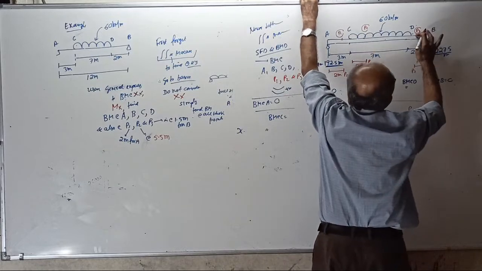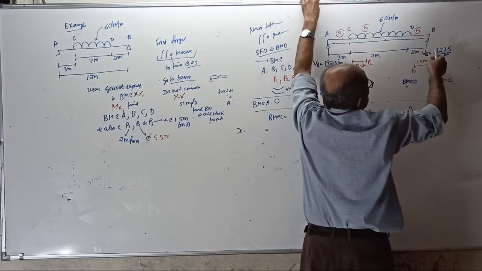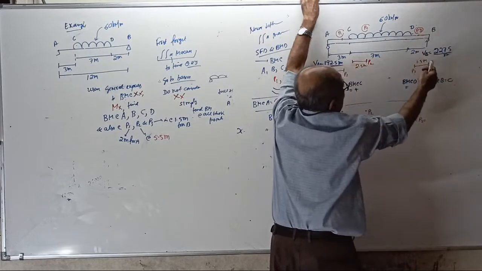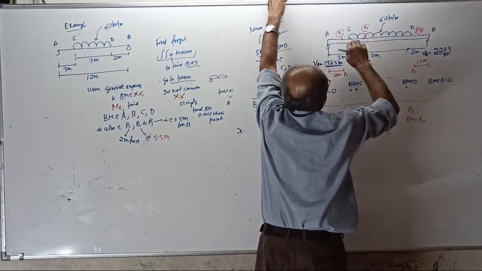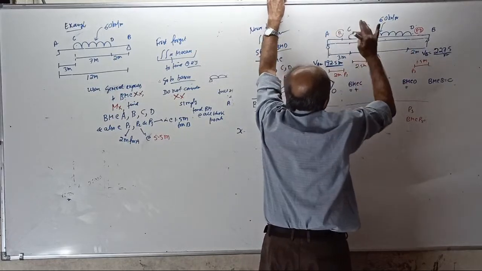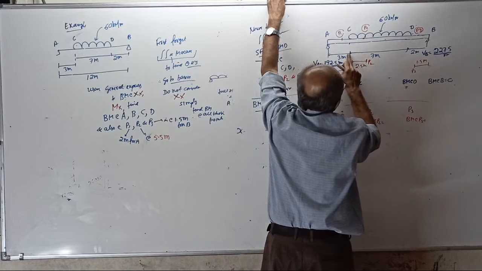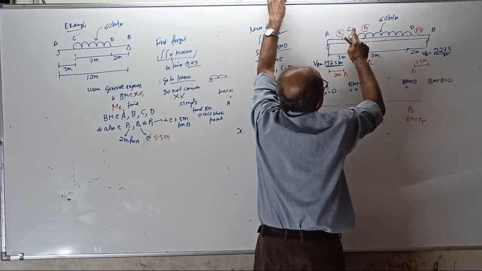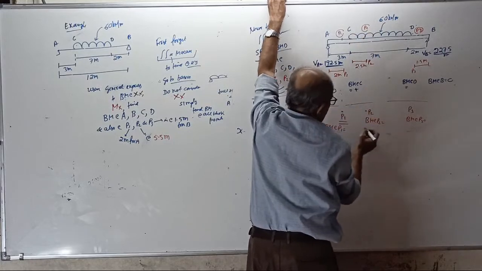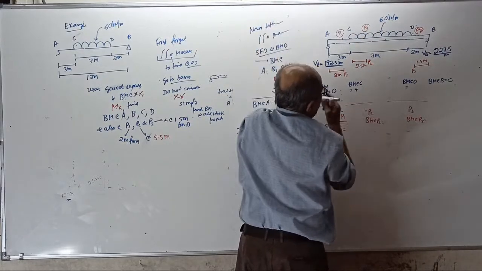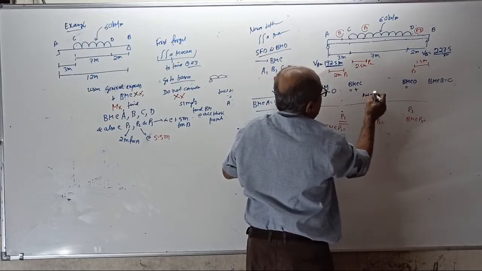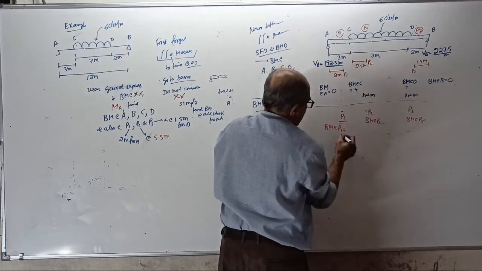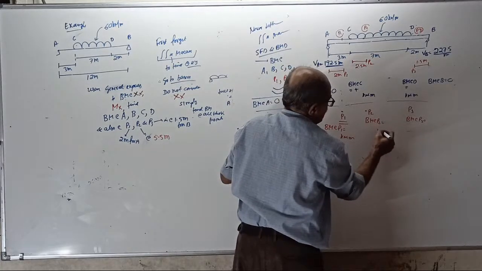BM at P3, look that side, 220 P3 plus 227.5 into 1.5. BM at P2, plus 192.5 into, this is 3, this is 2.5, 5.5, minus 60 into 2.5 into 2.5 by 2. All these values I want in kilonewton meter.